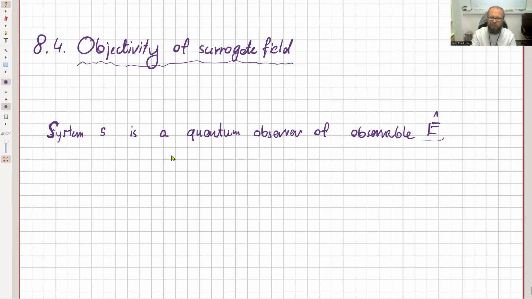So all those quantum observers will agree that they see the same thing when they experience this coupling to the observable E.